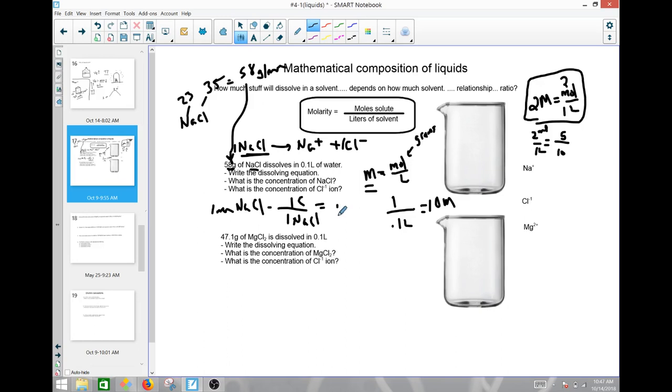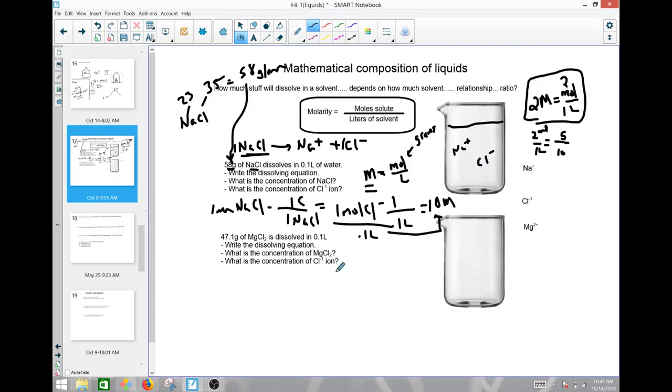So you still have 1 mole of Cl ions divided by the 0.1 liters, which gives you back your 10. Drawing a picture of this, well, what will it look like? It'll be Na+ and Cl-. You could possibly show a size ratio here as well. But other than that, however many you add is just proportional to the concentration.